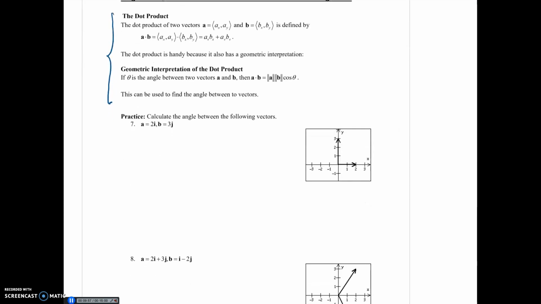If I look at my practice for this problem number 7, we have 2i and 2g. Of course, I should have a little arrow above i and g, which are vectors purely in the x direction or y direction, magnitude 1.